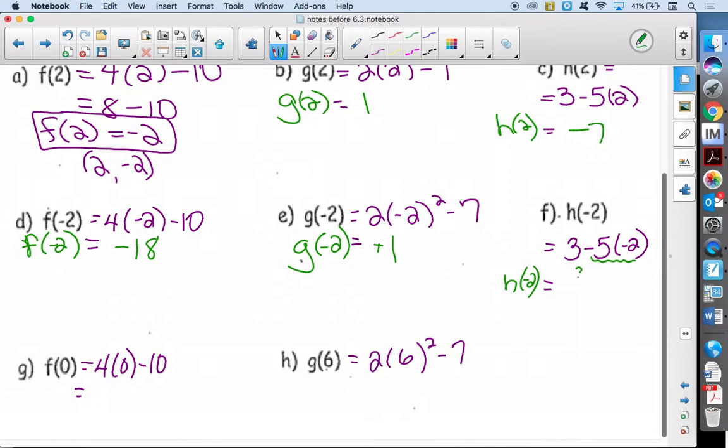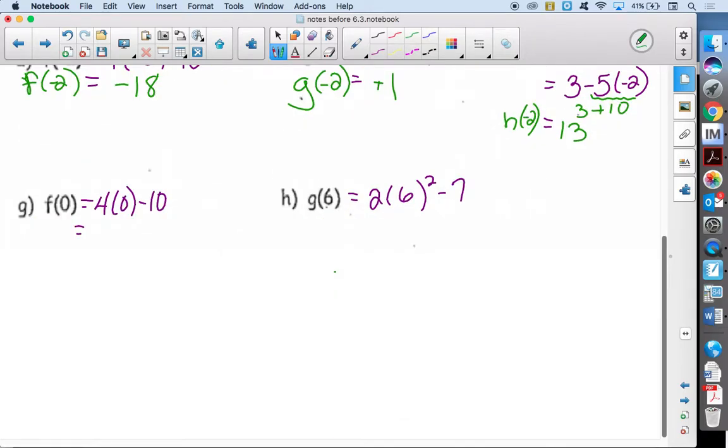And 3 plus 10, H of -2 is 13. Letter G, if you plug in a 0, this goes away and you just get F of 0 is -10. And then the last one, this one's a little larger. What's G of 6 equal to? Aaron? 65. It is 65.